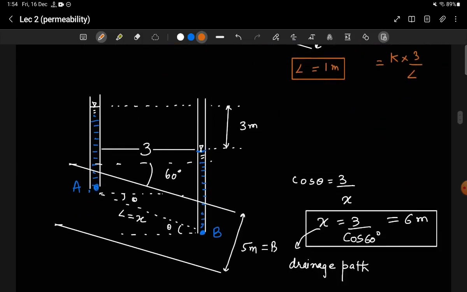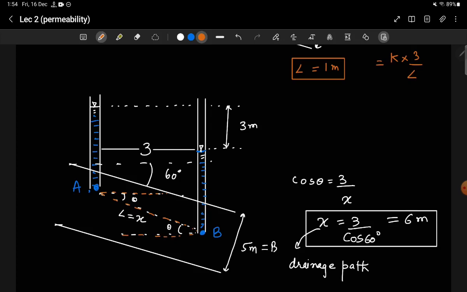So in this figure you can see that I have first drawn a horizontal line and then the assumed discharge path across A and B. This is also making theta, which is 60 degrees with the horizontal.